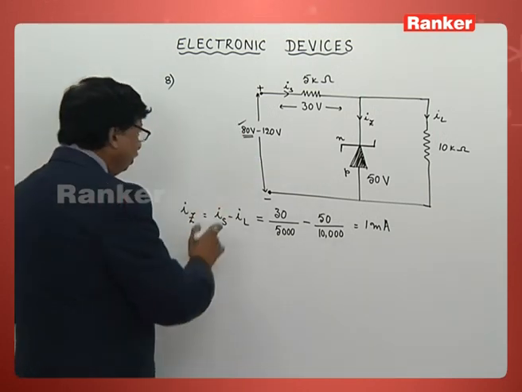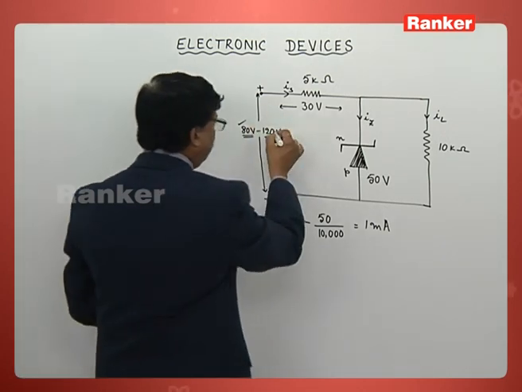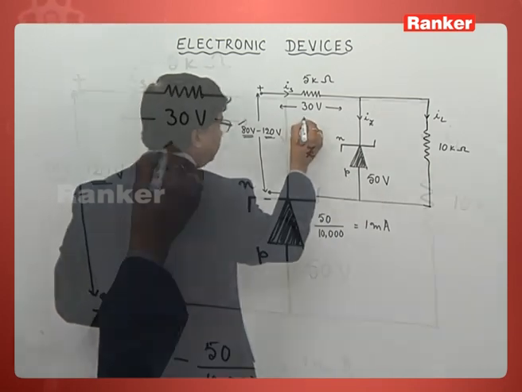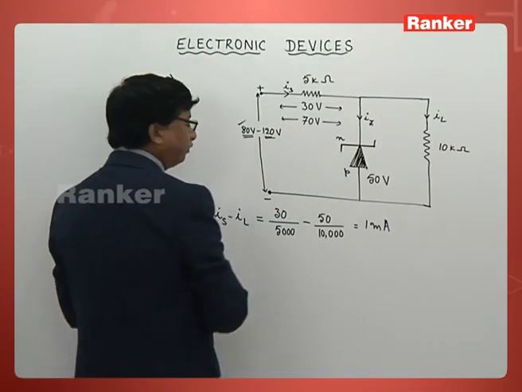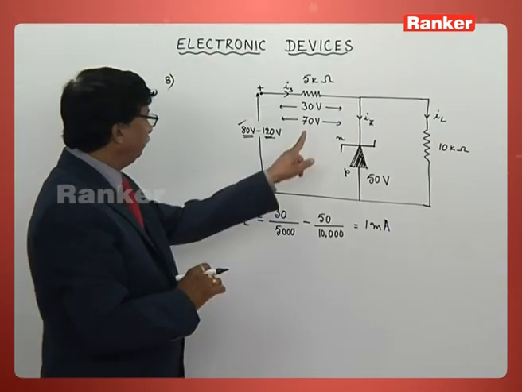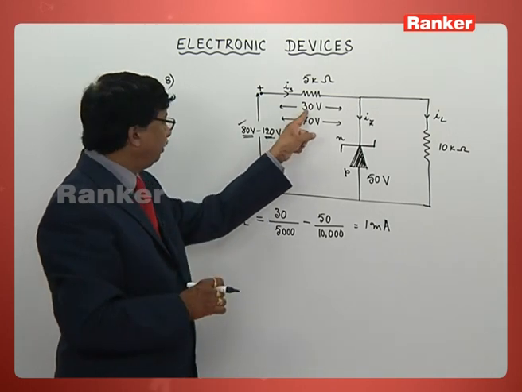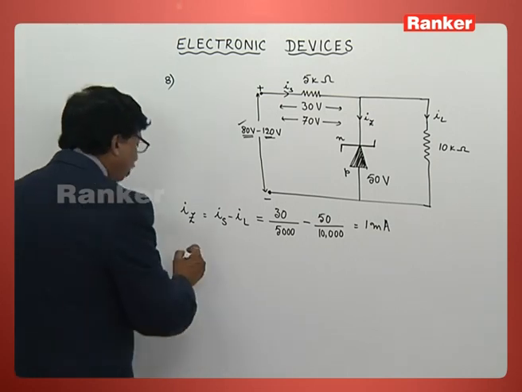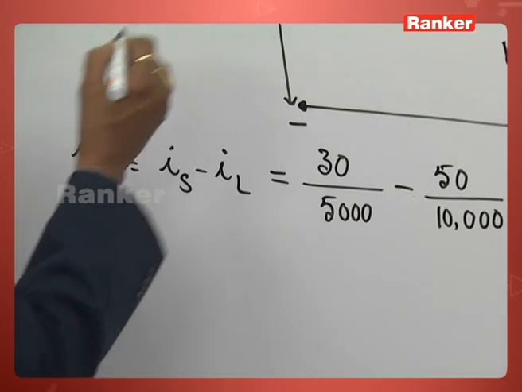Exactly like that, you calculate for 120 volt also. When input voltage is 120, when this output is 50, 70 volt will now be the PD across the series resistance. This is the value corresponding to 120 volt I am writing. This is the value corresponding to 80 volt I am writing. So what will now be the current across the Zener diode for the second pair of values?